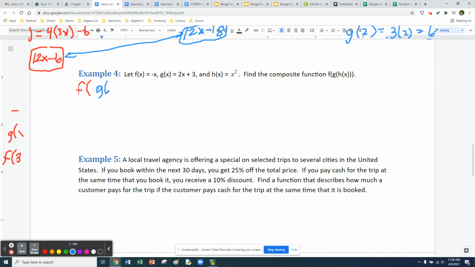So there we can kind of see each function.